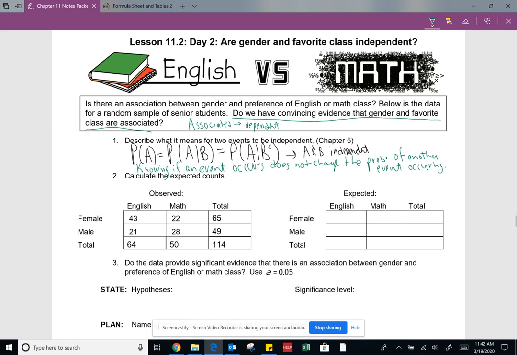Whereas if two things are not associated, then they are independent. You just have to remember this, because you'll see questions with the word association, and questions with the word independent, and you have to think, what would it mean if A and B are associated?